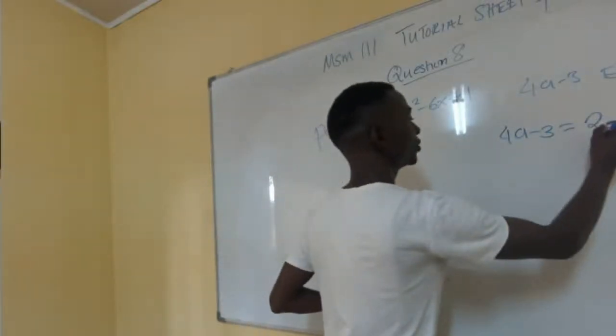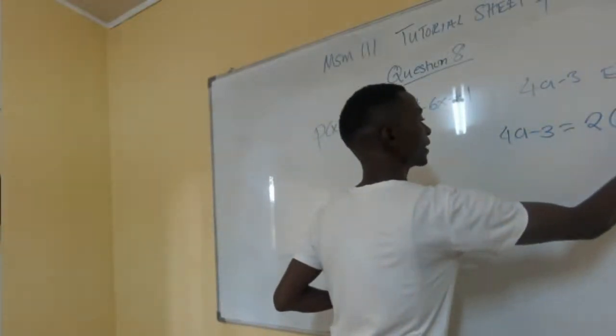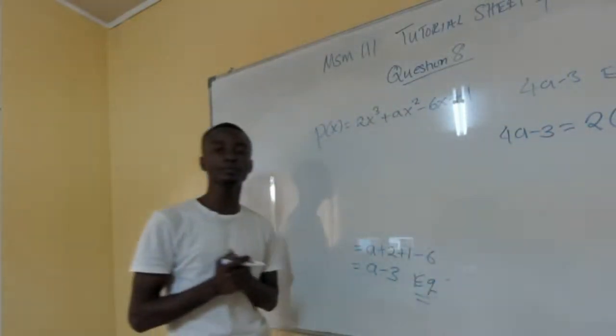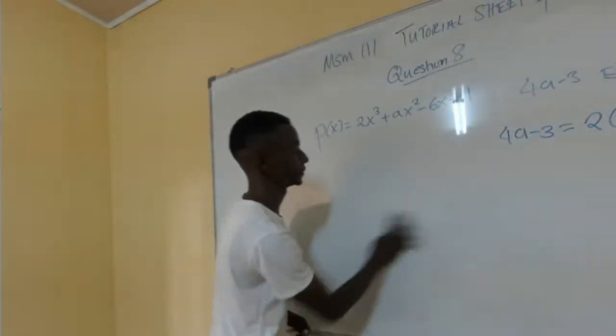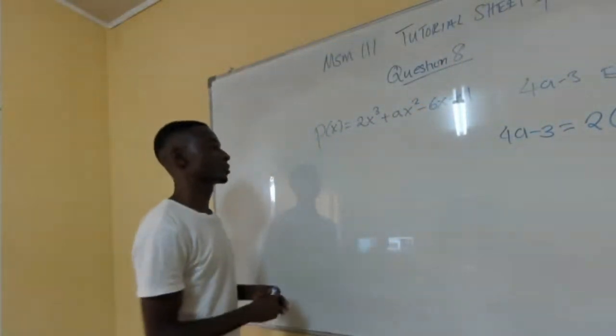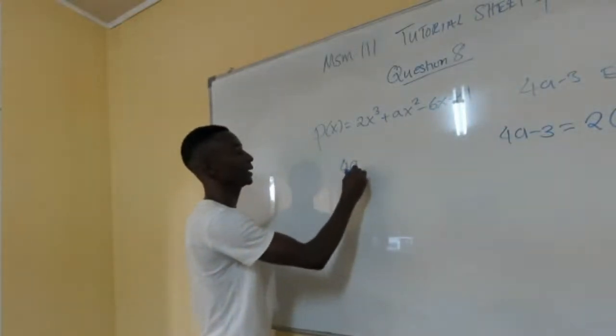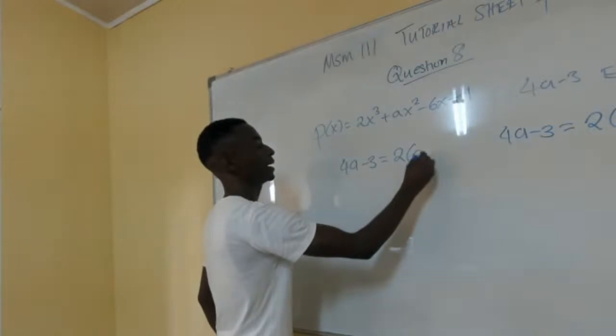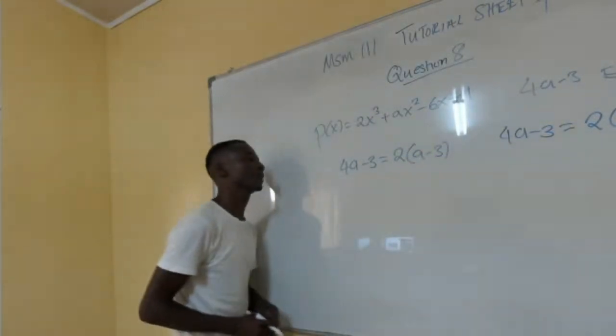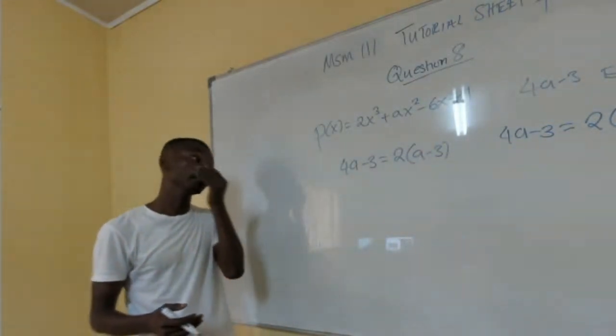So you say 2 times a minus 3. That's the meaning of that. So we are saying 4a minus 3 is equal to twice a minus 3. We can now solve for a.